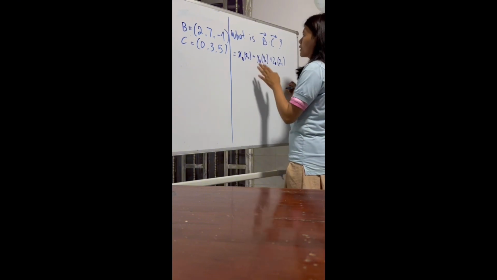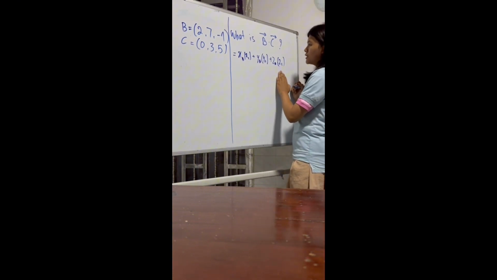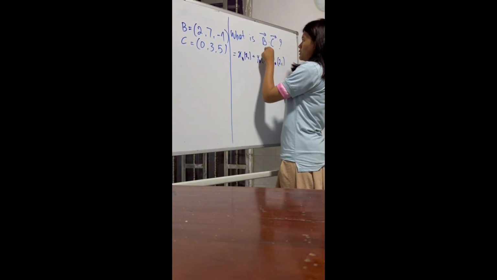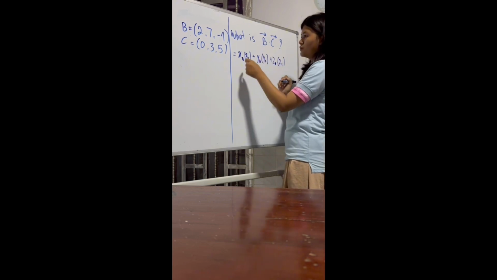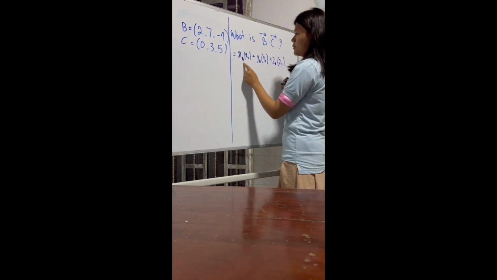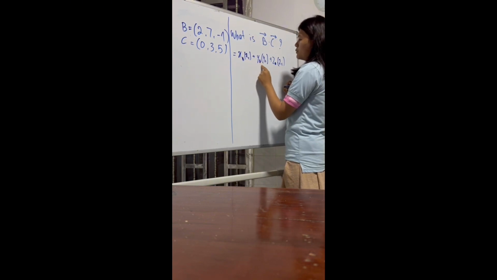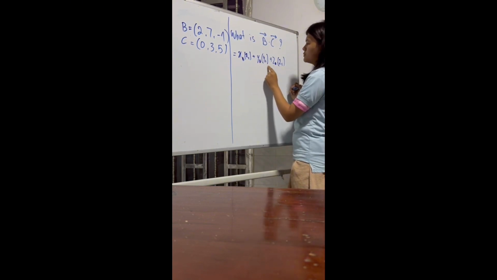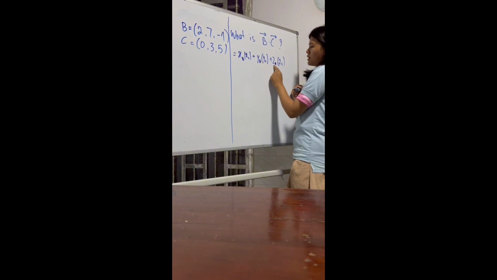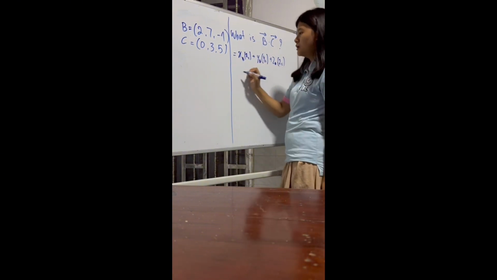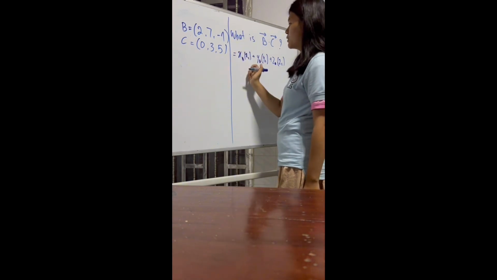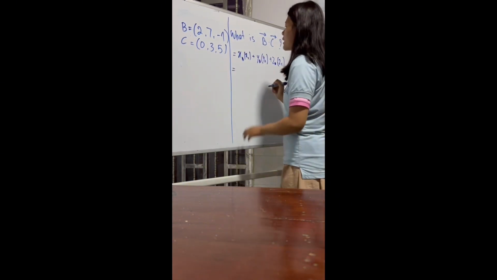Now we have to calculate vector B scalar vector C, which is equal to the x of B times the x of C plus the y of B times the y of C plus the z of B times the z of C. So we have to plug the numbers in.